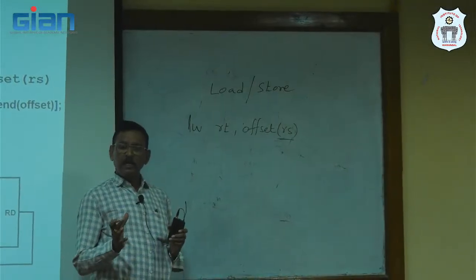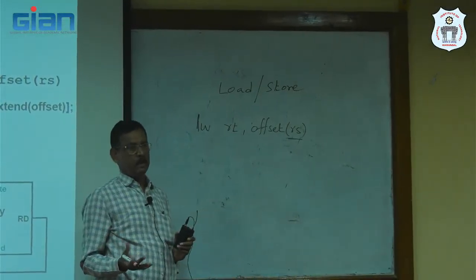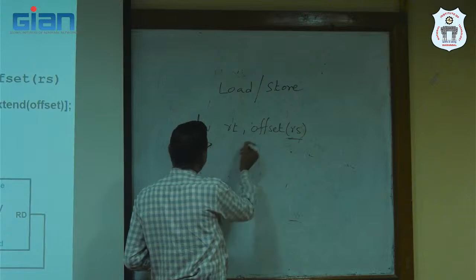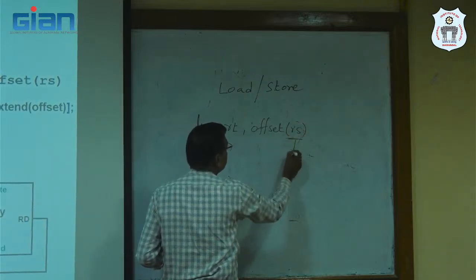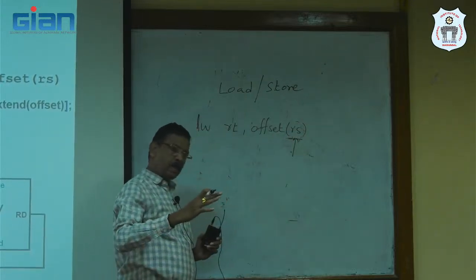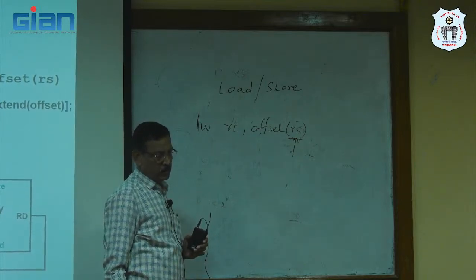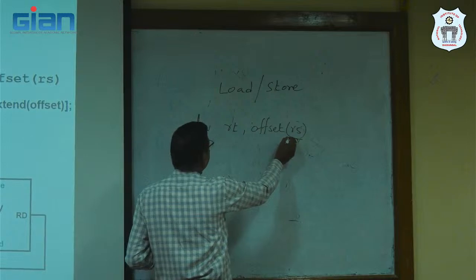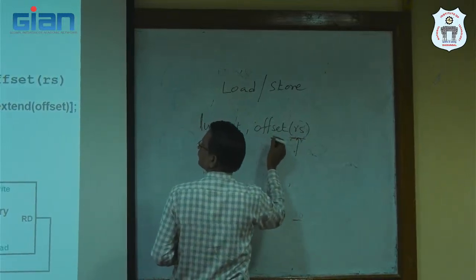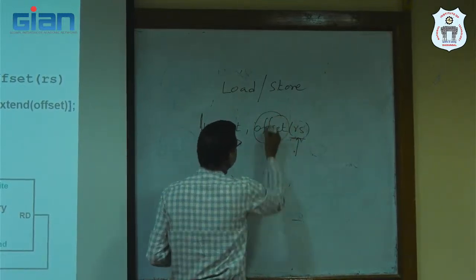The RS register indicates the address of the memory location in the data memory. And that data, plus if any offset is there, the offset.